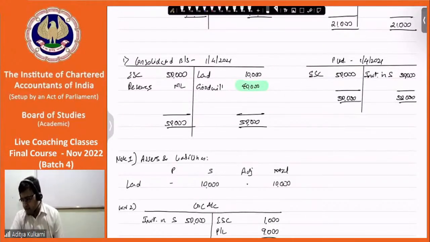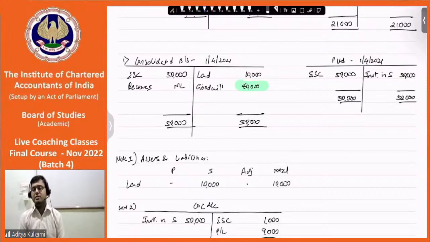K. Shivashankari says, if we record NCI at fair value in the consolidated balance sheet, goodwill of NCI is included in it, but that goodwill will be shown as a separate asset. No, it's not goodwill of NCI, Shivashankari. It is goodwill attributable to NCI. These are two different things.